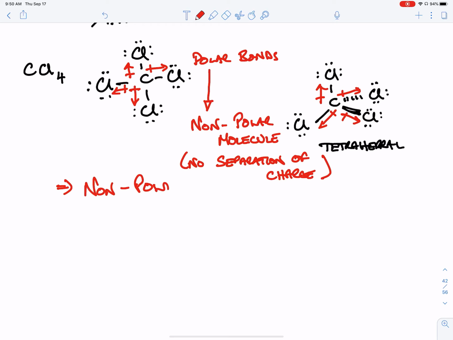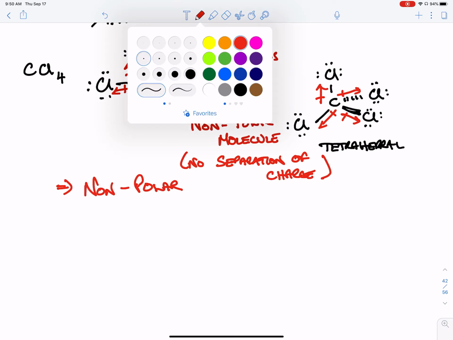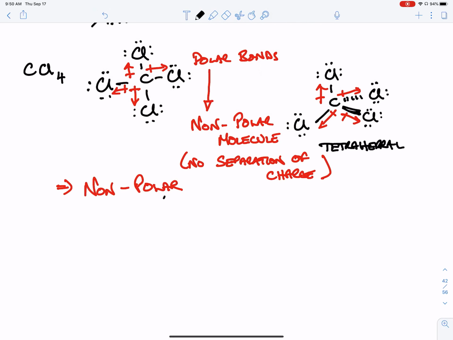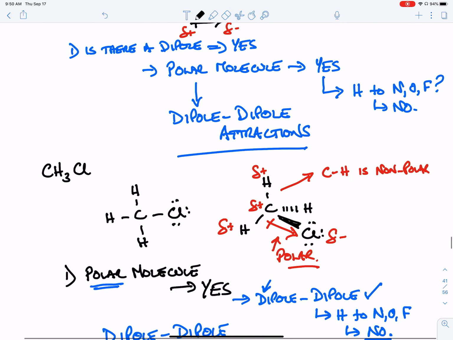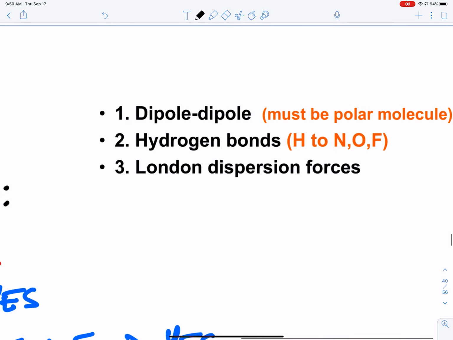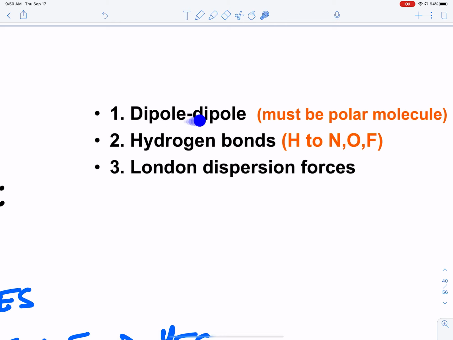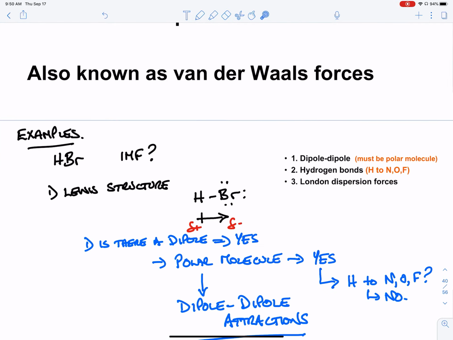Now, if we have a non-polar molecule, we cannot have dipole-dipole attractions because there's no dipole. And so if we go back to our 3 potentials, we can't have dipole-dipole attractions because we don't have a dipole, because it must be a polar molecule. A subset of that is the hydrogen bonding, and because we can't have dipoles, we can't have hydrogen bonds, so the only thing left are London dispersion forces.